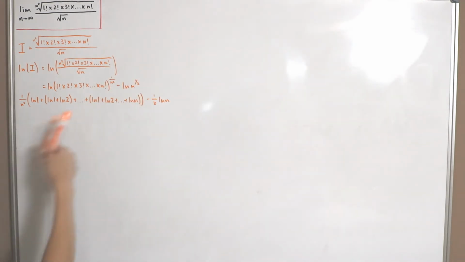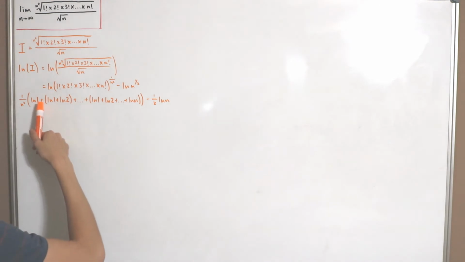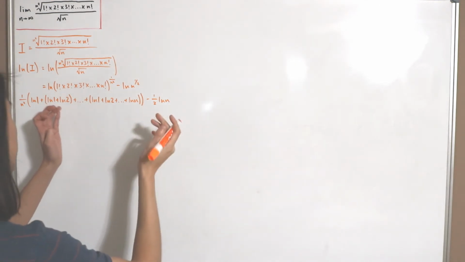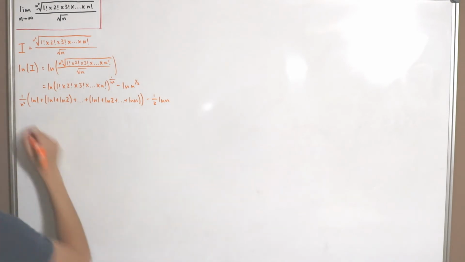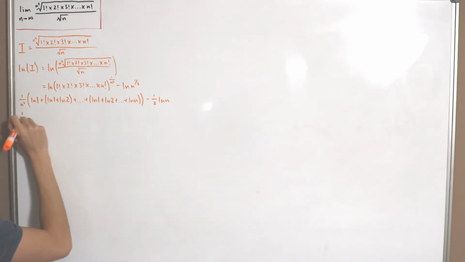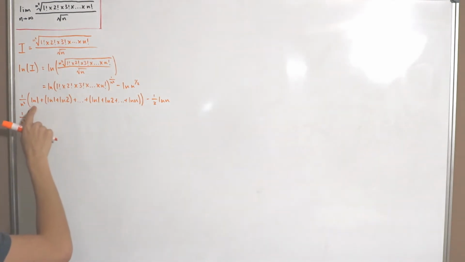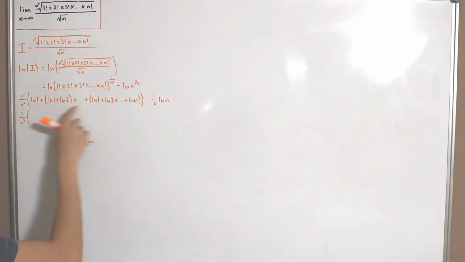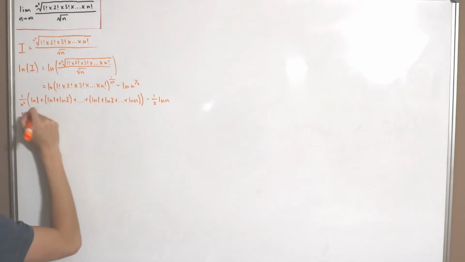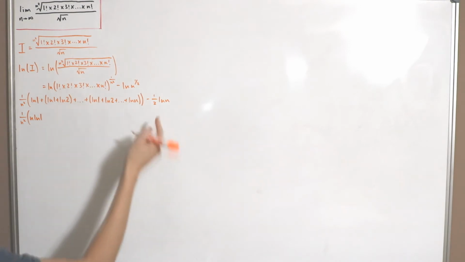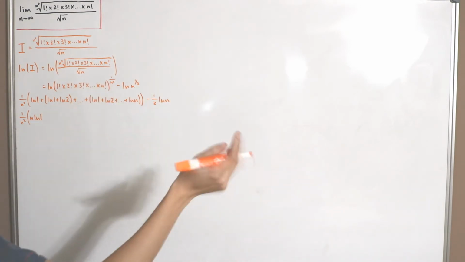Now the next step is taking a look at the inside bracket of the sums, which I can rewrite differently. Going back, we have 1 over n squared times n times the natural log of 1. Then ln of 2 and so on, where the count of each natural log decreases by 1 in the sequence.